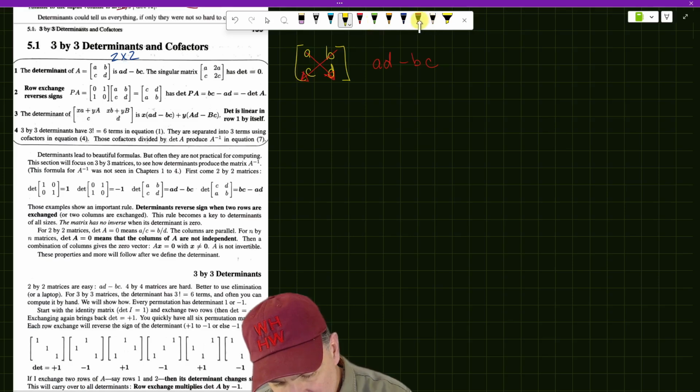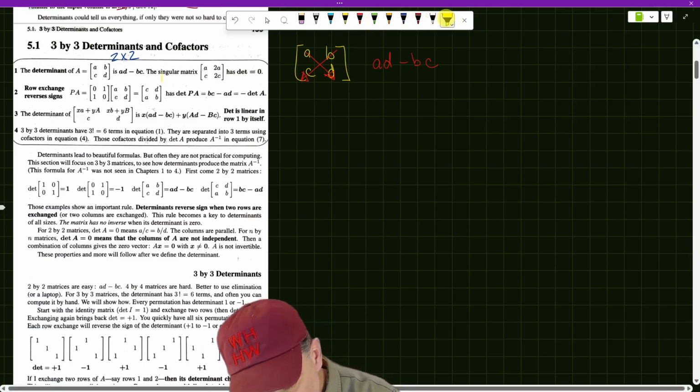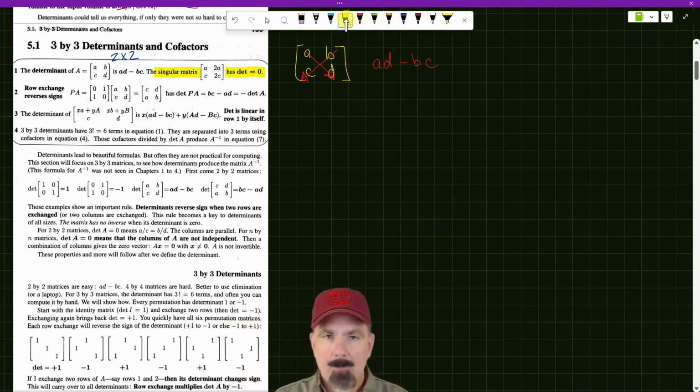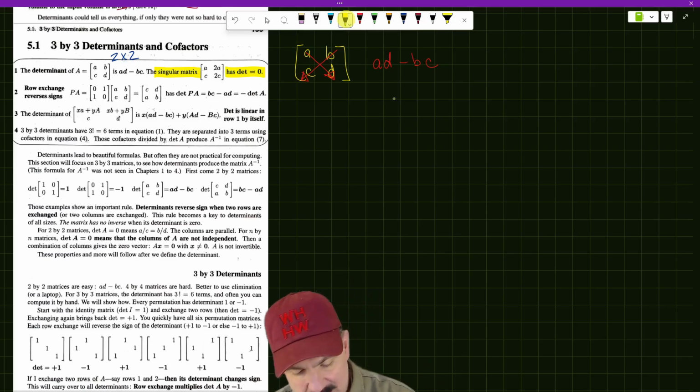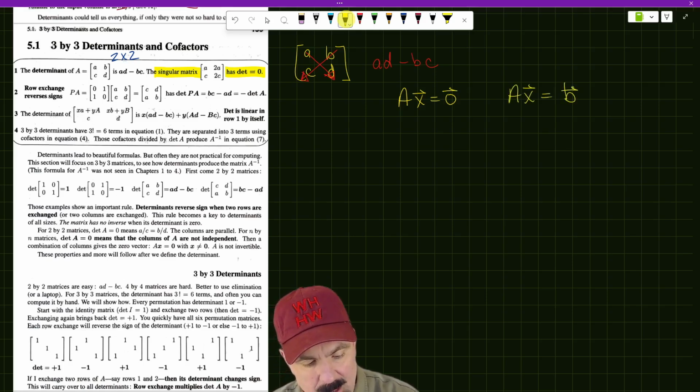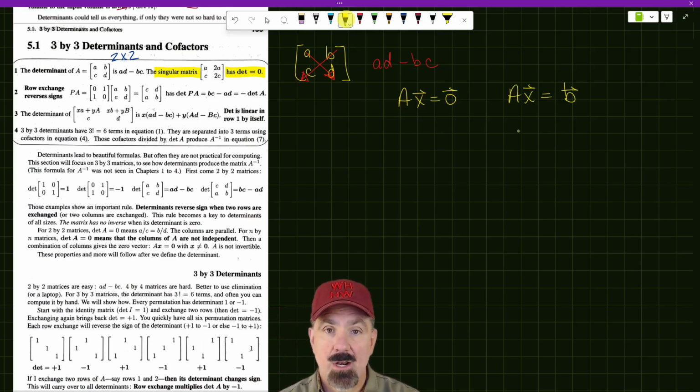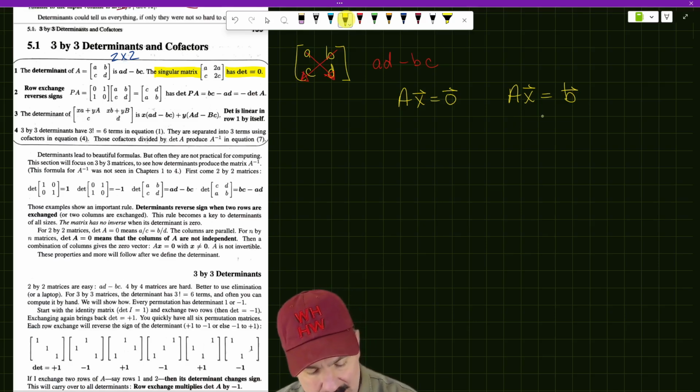So the other thing that I want to point out here, again, this is repeated. Singular matrix has a determinant equal to 0. Strang does not expand on this idea, but it's really important, so let's see what this means. If we have a system, AX equals 0, similarly AX equals B, so we have a homogeneous system over here and a non-homogeneous system on the right-hand side, and we know that the determinant of A is equal to 0.